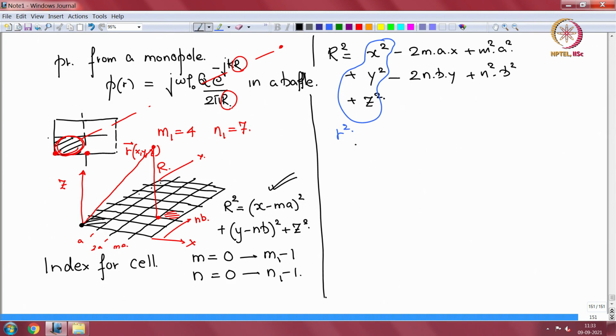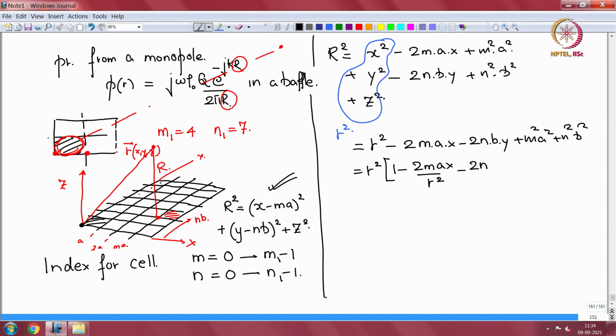So we write this as r squared minus twice m a x minus twice n b y plus m squared a squared plus n squared b squared, which is equal to r squared, I take it out, times 1 minus twice m a x over r squared minus twice n b y over r squared plus m a by r whole squared plus n b by r whole squared.